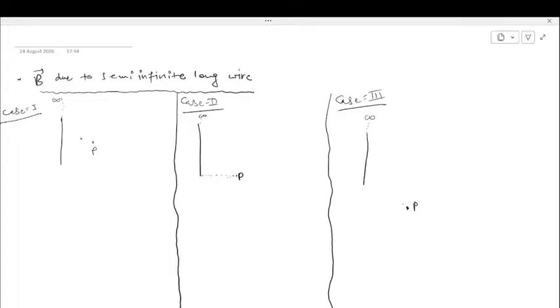Now we have to find the magnetic field for the first case. Here we can write the steps.